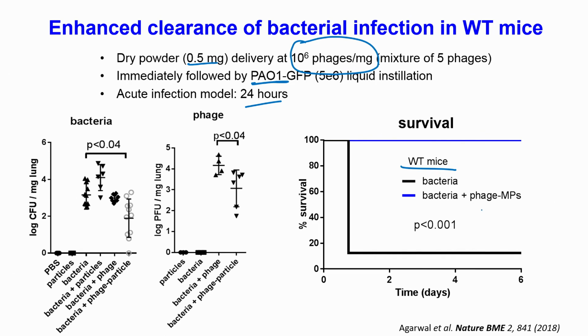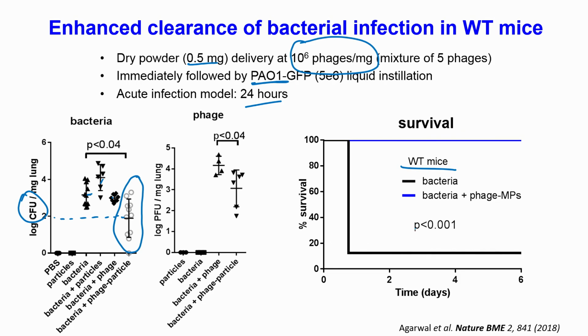And what they find is only in the case when they have the phage loaded on the particles. So, here is your free phage, here is your only bacteria, here is your only particle. You do not see any reduction, but only in the case when you have particle loaded with the phage do you see a reduction in the amount of CFU, the amount of bacteria that is present in the lung homogenate, and then the phage titers are also measured.